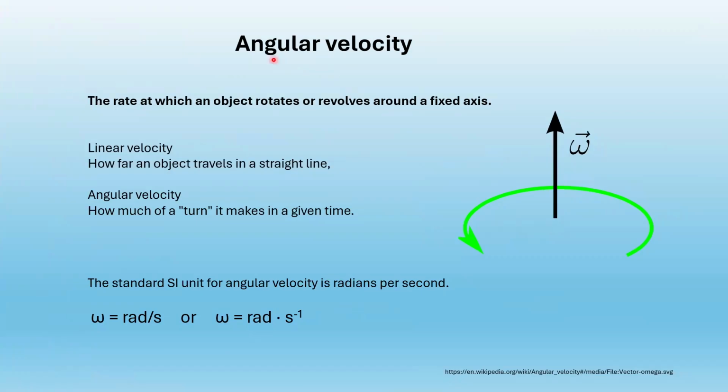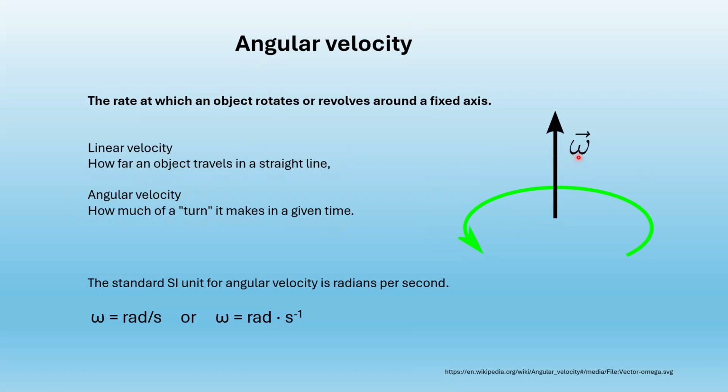The angular velocity is the rate at which an object rotates or revolves around a fixed axis. So angular velocity is telling us how fast something spins, and the linear velocity tells us how fast it's traveling across in a straight line. Linear velocity: how far an object travels in a straight line. Angular velocity: how much of a turn it makes in a given time.